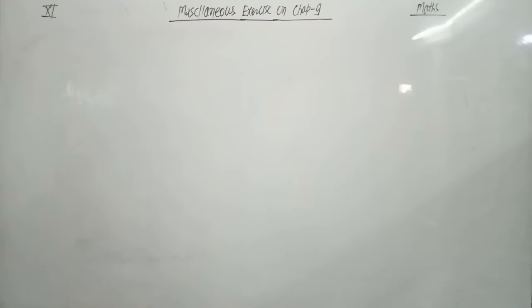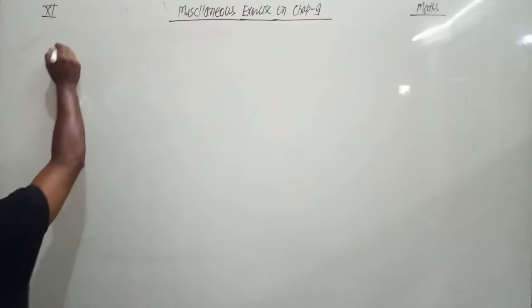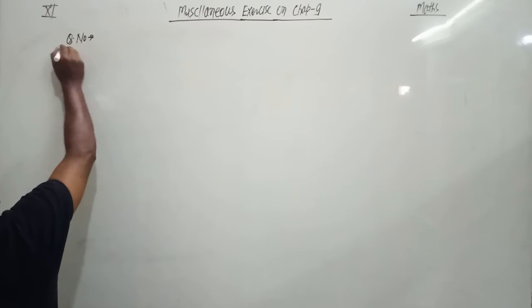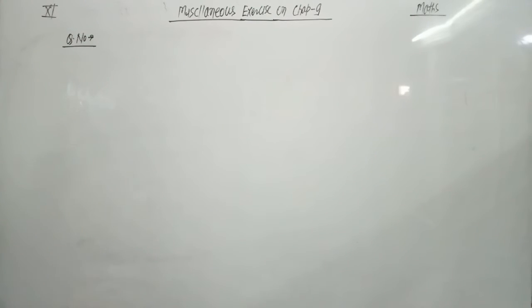Question number 3. Let the sum of n, 2n, 3n terms of an AP be S1, S2 and S3 respectively.